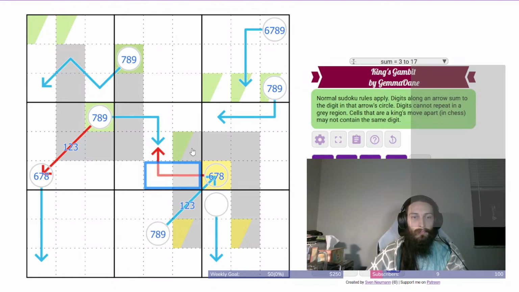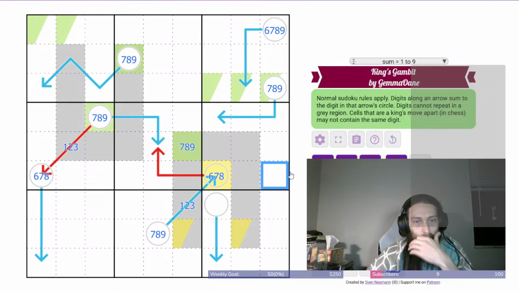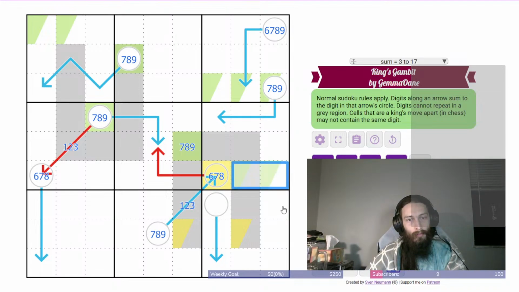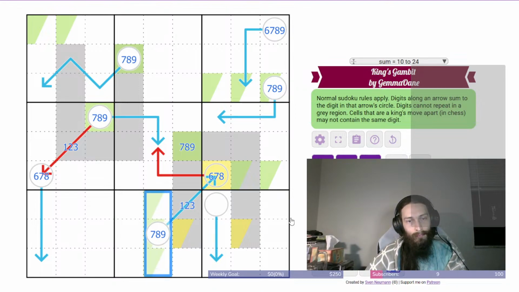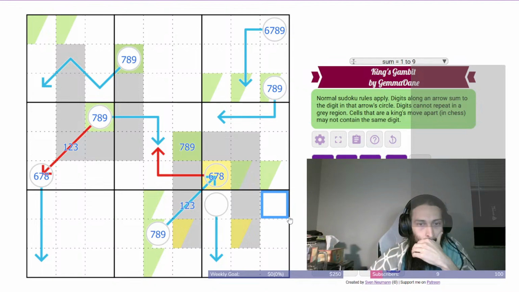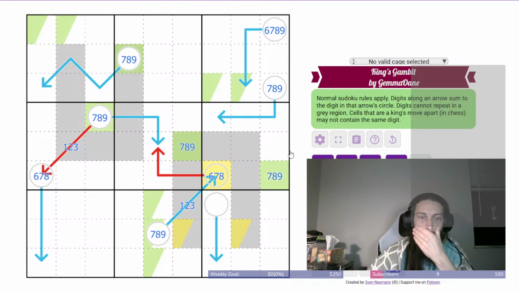Right. It can't be on green. Can't be on the gray in the green box. Right. So this ends up being not green. In the green box. Yeah.